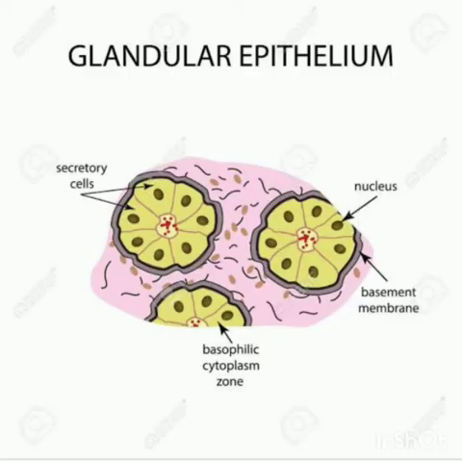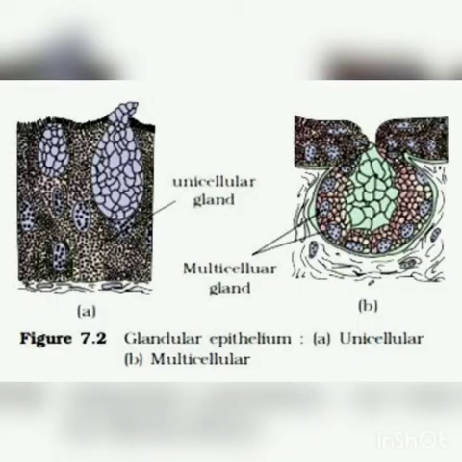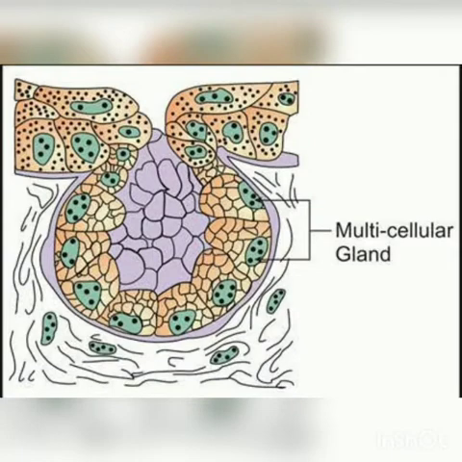Next, some of the cuboidal or columnar cells get specialized for secretion. Some cells secrete, so it is called glandular epithelium. Gland means exocrine gland, endocrine gland, which you know, we studied in 10th. So glandular means it secretes something. They are mainly two types: unicellular, consisting of isolated glandular cells, found as goblet cells of the alimentary canal, and multicellular, consisting of a cluster of cells, present in the salivary gland.